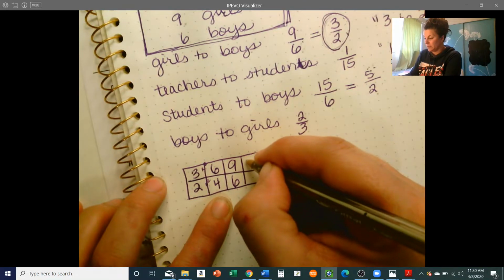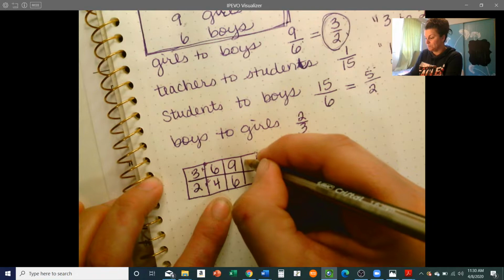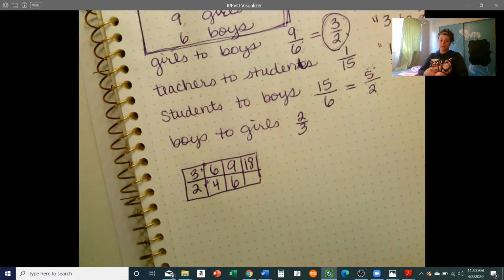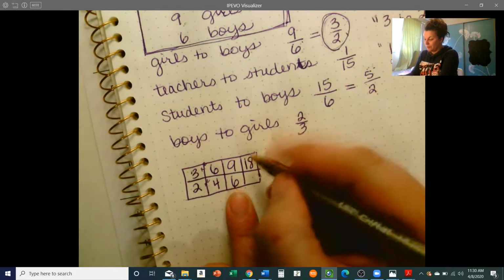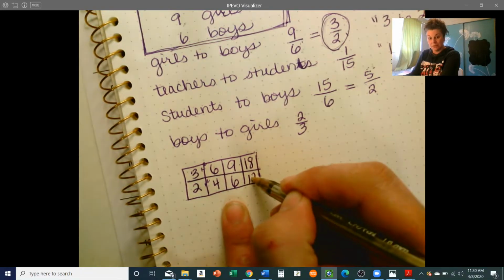Well, what if I wanted to know for every 18 girls? So let's say there are 18 girls. How many boys would there be? So hopefully you've got 12. 9 times 2 is 18, and 6 times 2 is 12.